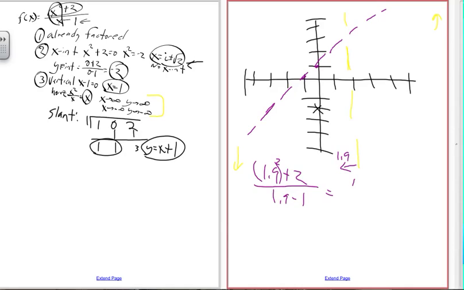Again, I don't care what the number is, but that's going to be a positive over positive, which means it's going to go up. All right? So what that tells me is that up here on this side, I know it's going to go up.